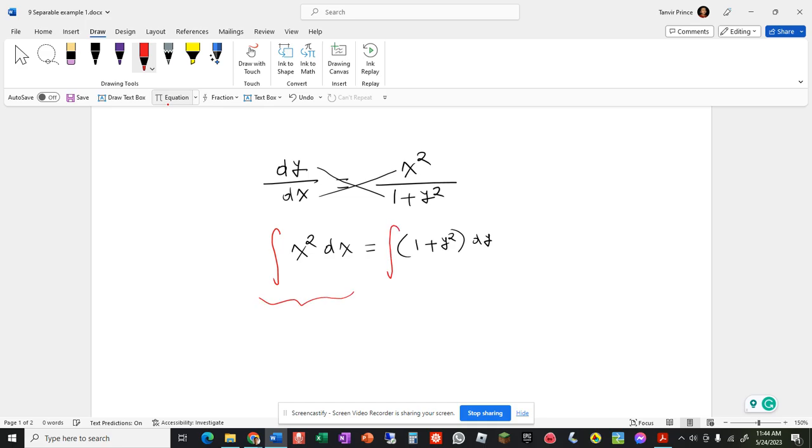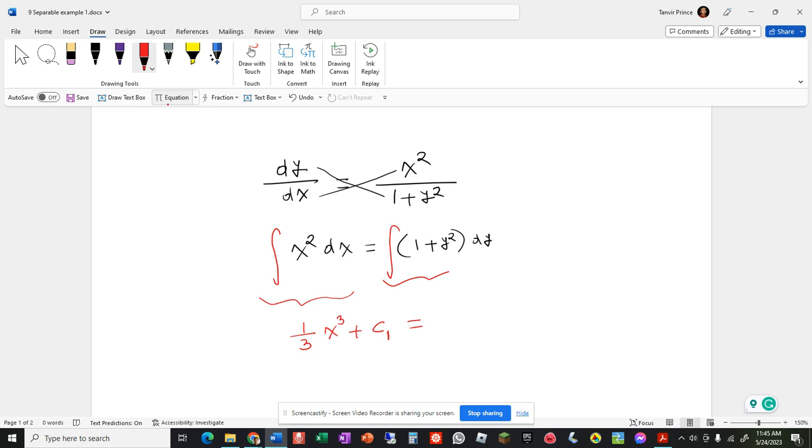So the integral of the left is 1/3 x cubed, plus c1. That's going to be your constant of integration for the left hand side. You always have to add c, right? I'm going to call it c1 because there will be a c2 for the right.